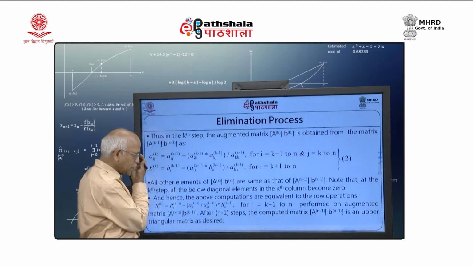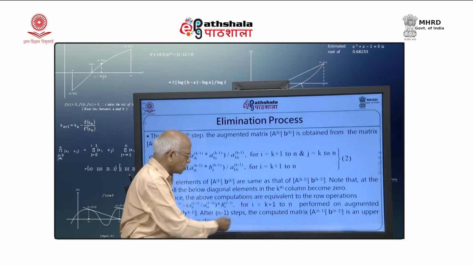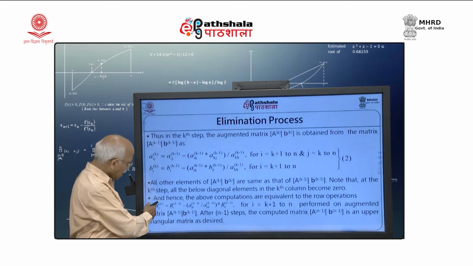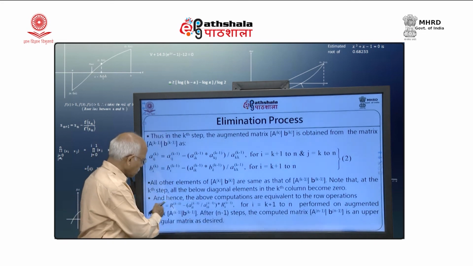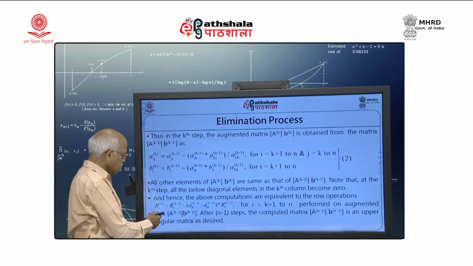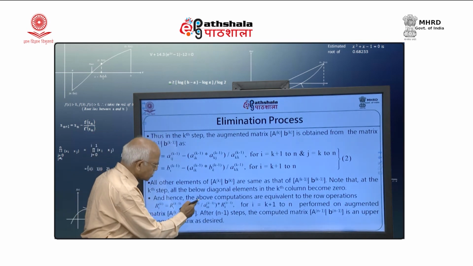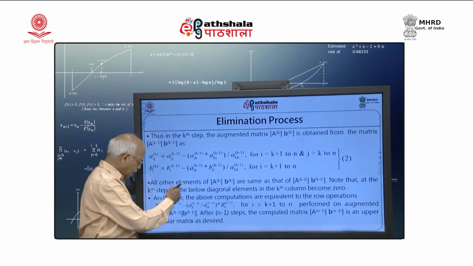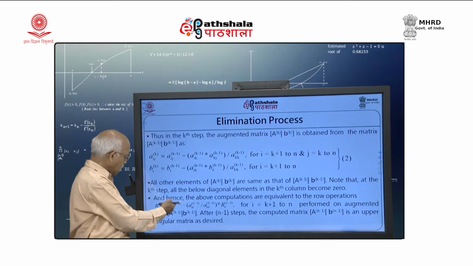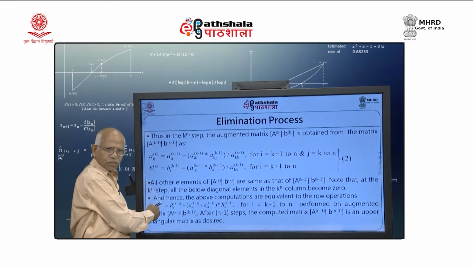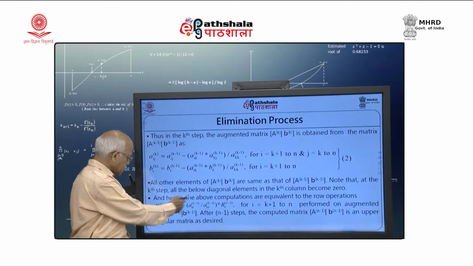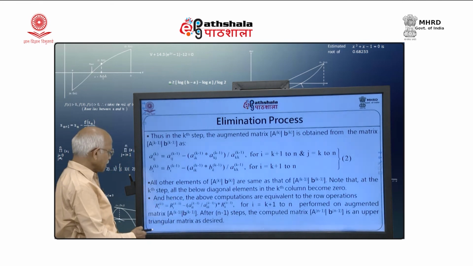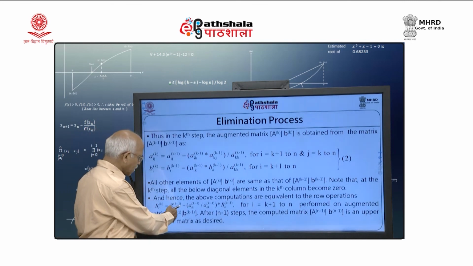That will not change the first entries at all, and therefore this can be regarded as an elementary row operation of this type. So, I am taking a scalar multiple of the kth row and subtracting it from the ith row, and replacing my ith row in the next step by this difference.